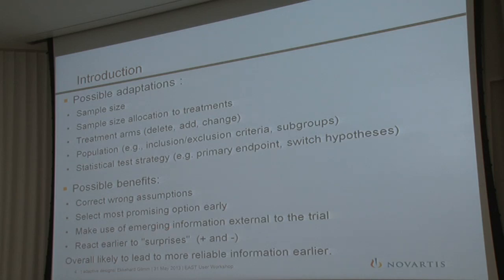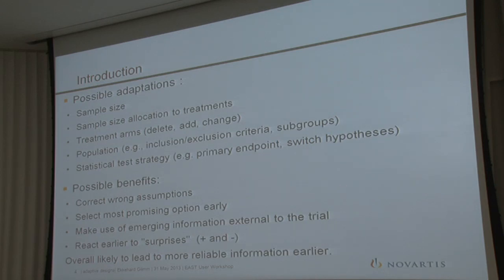What are the benefits of that? You can correct wrong assumptions, select the most promising options early. There might be external information that is important to your trial because, for example, a competitor has brought another, I don't know, multiple sclerosis drug to the market, and it's important to you to react to that in your trial.